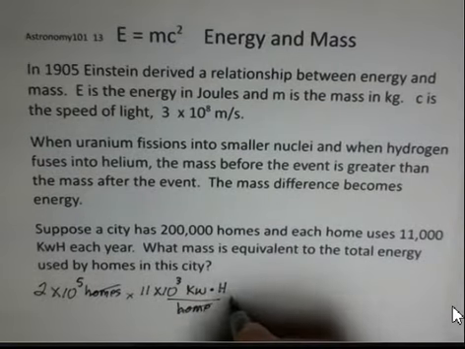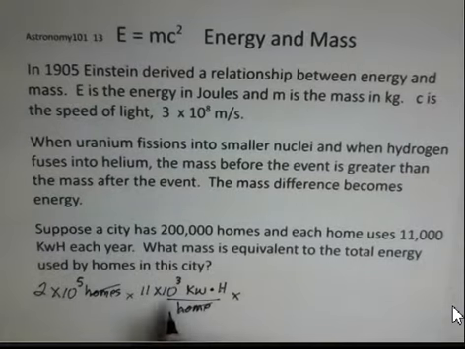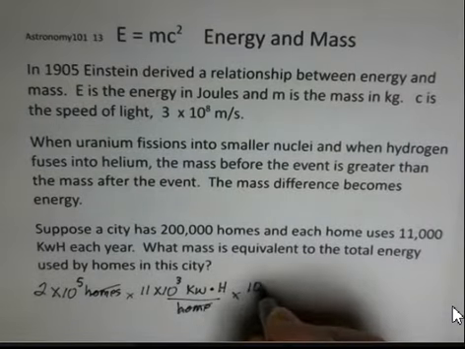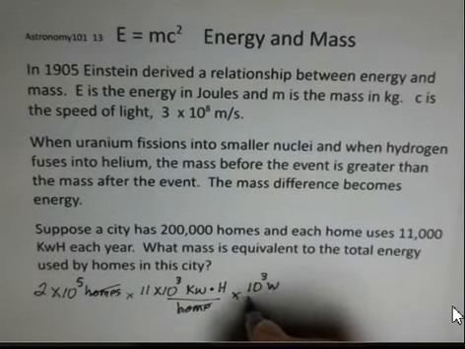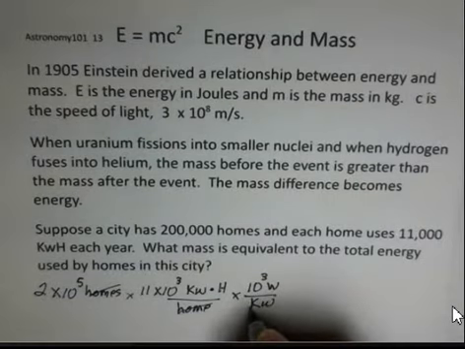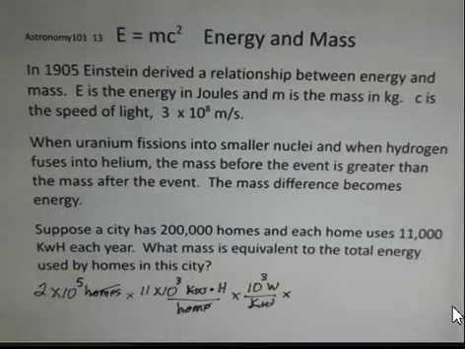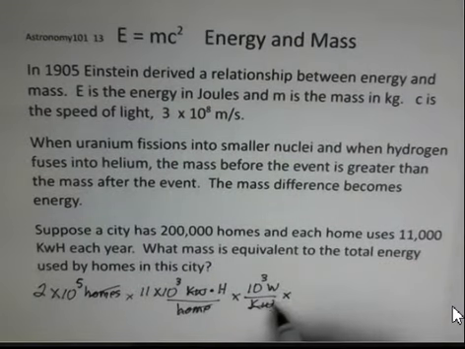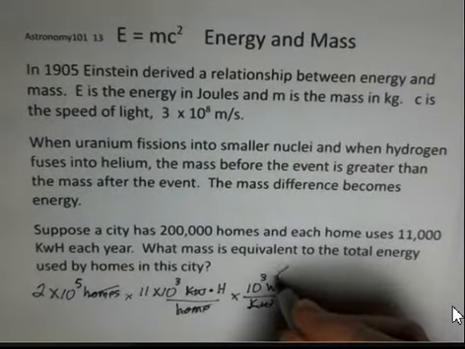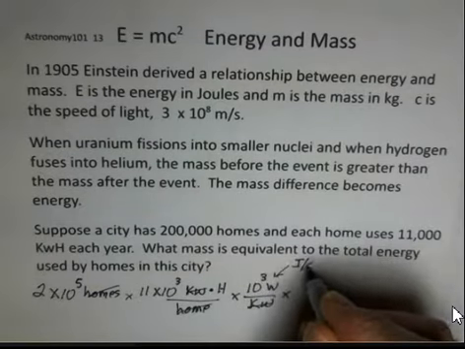And now let's deal with the kilowatt. There are 10 to the 3rd watts in a kilowatt. So we cancel off the kilowatt. And then what about the number of hours? How do we change that? Well, the watt is a joule per second. I'm just going to write that up here, joule per second.